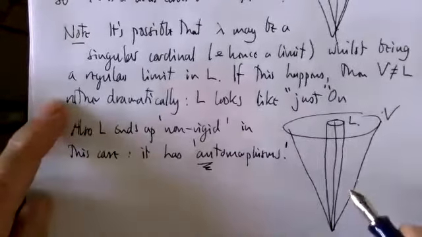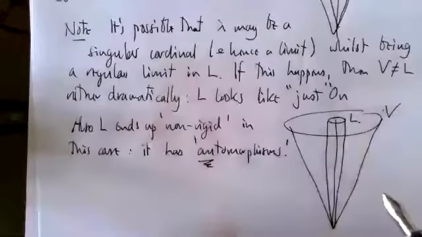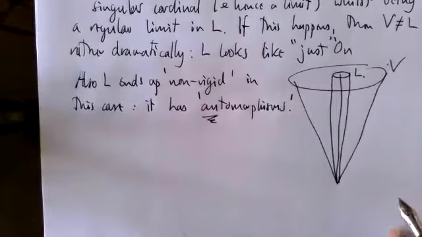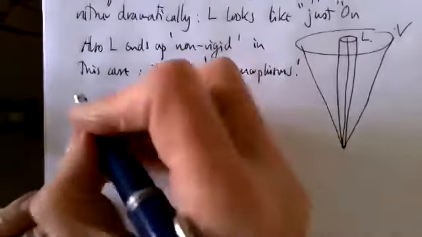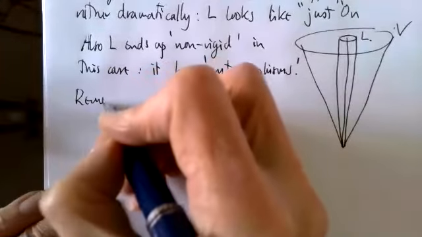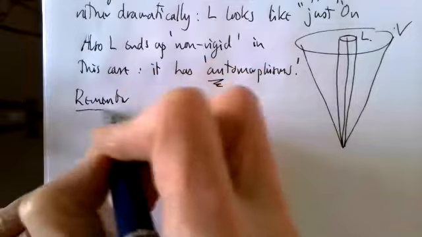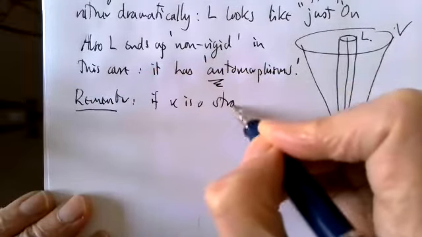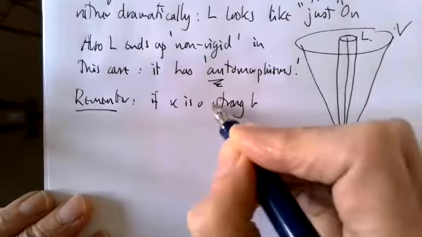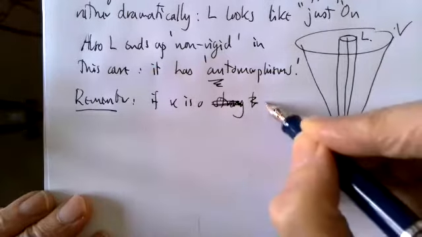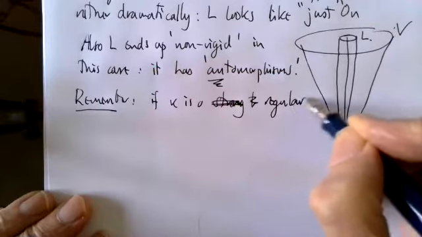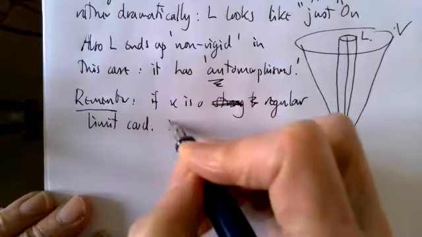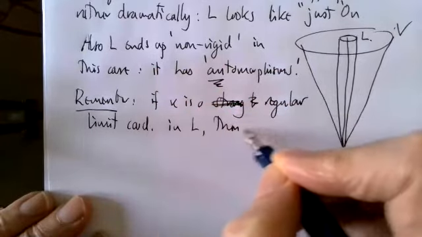Notice the other thing is that, of course, regular limit cardinals in L, which I mentioned last time doing one of the other exercises, are always strongly inaccessible in L. If kappa is a regular limit cardinal in L, then it is strongly inaccessible.